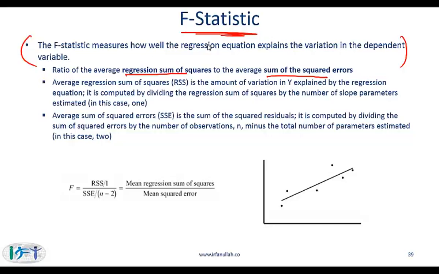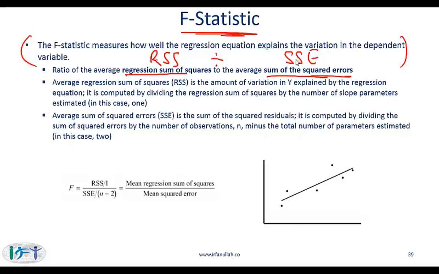So what is the F statistic? It is the average of regression sum of squares, which is RSS, divided by the average sum of squared errors, which is SSE. And this is something that seems similar to SEE but is different.